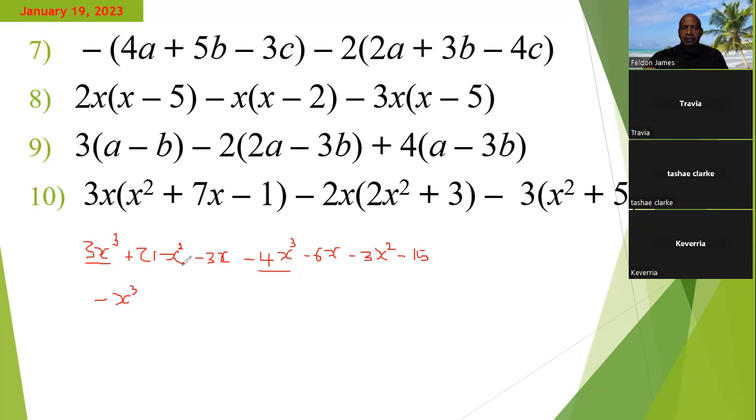Then for the x squared, we have positive 21x squared and negative 3x squared. So we subtract 3x squared from 21x squared. We are left with positive 18x squared.